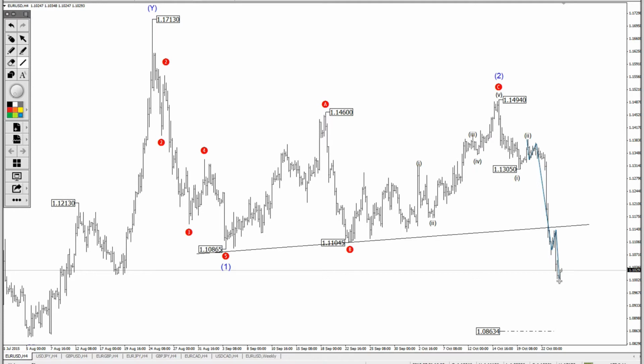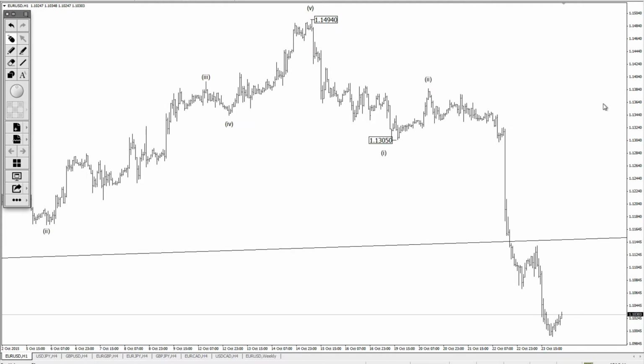So now we can expect possibly a sideways correction and then a continuation for this decline. So this is what we are going to try to do. We are going to watch the market and put a sell stop order on Euro-USD and also to other Euro pairs. So let's see this on a 1 hour chart.